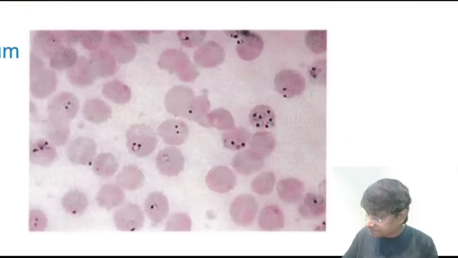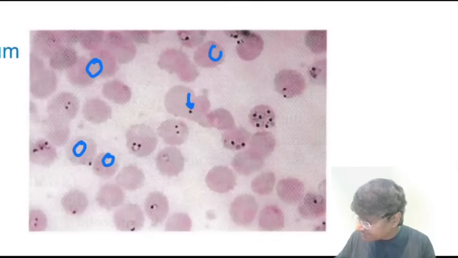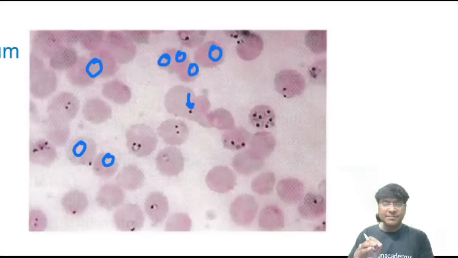So these you can consider as the chromatin dots, and these are the multiple rings present within the RBC. So this tells you that it is Plasmodium falciparum.